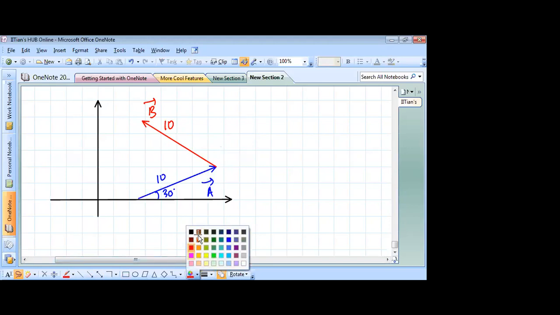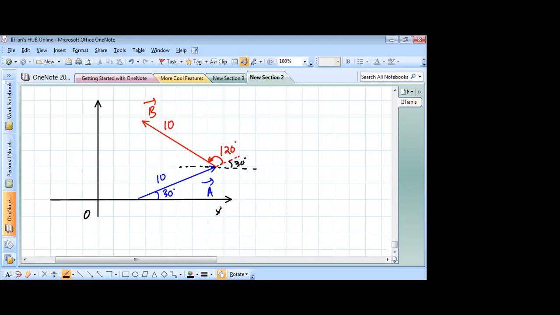Such that this angle here is 120 degrees. So in other words, how much angle is it making with the x-axis? If I were to draw a line parallel to the x-axis here, it would be 150 degrees. So if I draw A and B properly with respect to the origin, how are they looking?